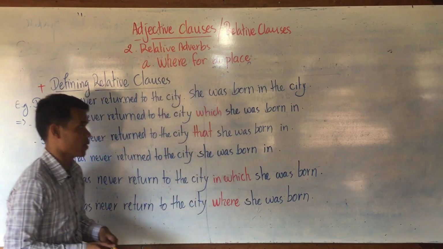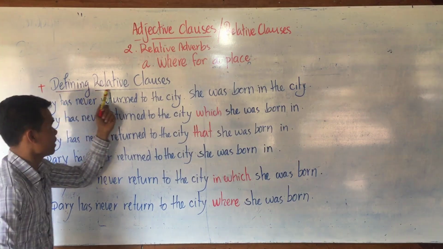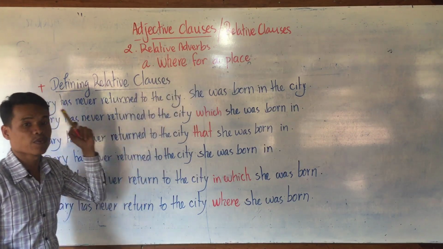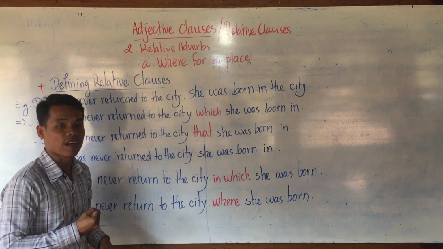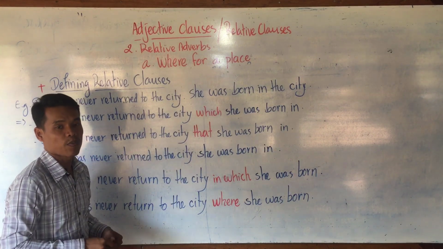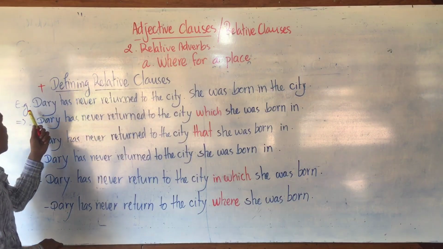Look at the example. First, you have to learn defining relative clauses. So where is used in defining relative clauses. For the next video, you are going to learn where for a place in non-defining relative clauses.